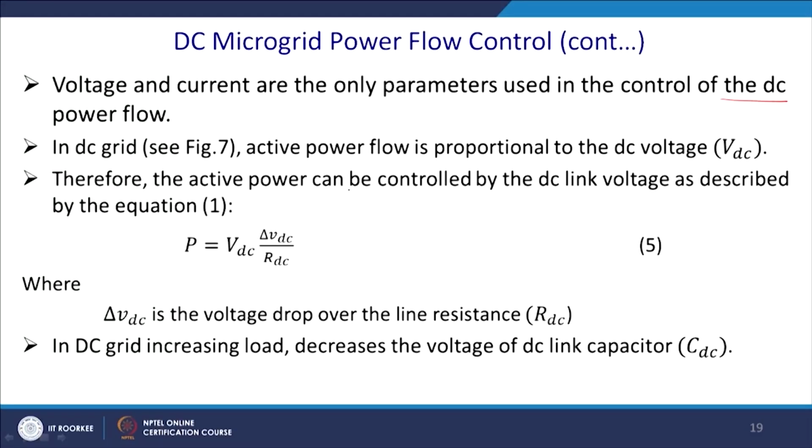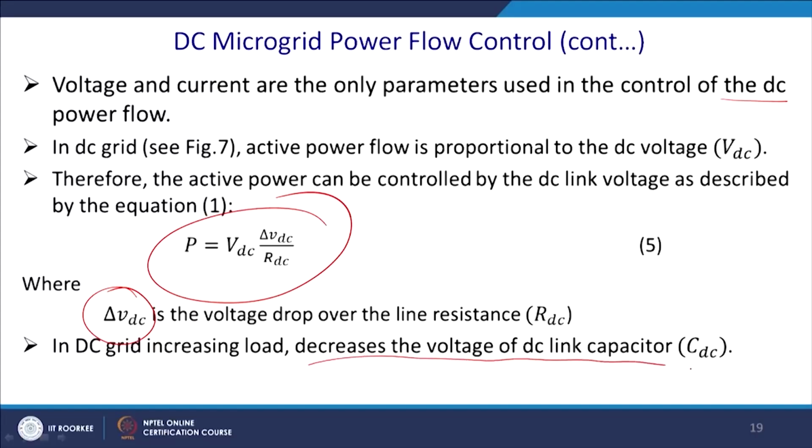Therefore, the active power can be controlled by the DC link voltage as described by this equation, P equal to V_DC times del V_DC by R_DC, where del V_DC is the voltage drop over the line resistance R_DC. In a DC grid, increasing load decreases the voltage of the DC link capacitor C_DC.